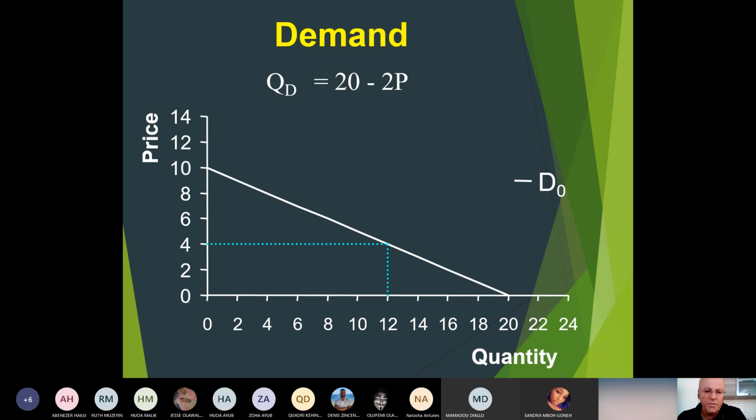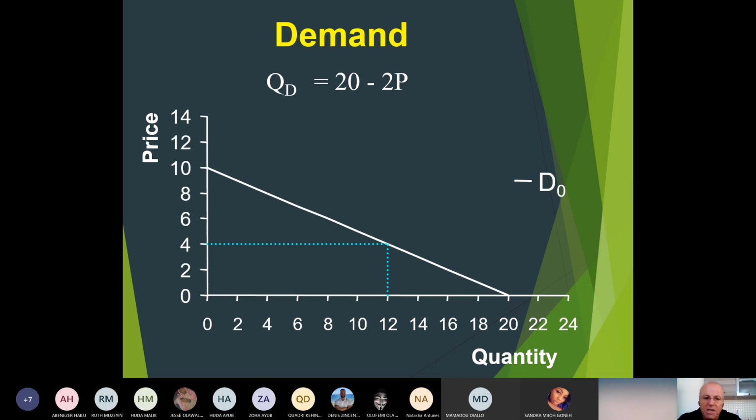We are going to plot the graphic. We have the negative slope, and as you see here, it is minus 2. As I mentioned in our former classes, the slope is estimated by dividing delta P over delta Q, where you take two different points of quantity and two different points of price, so-called differentiation.